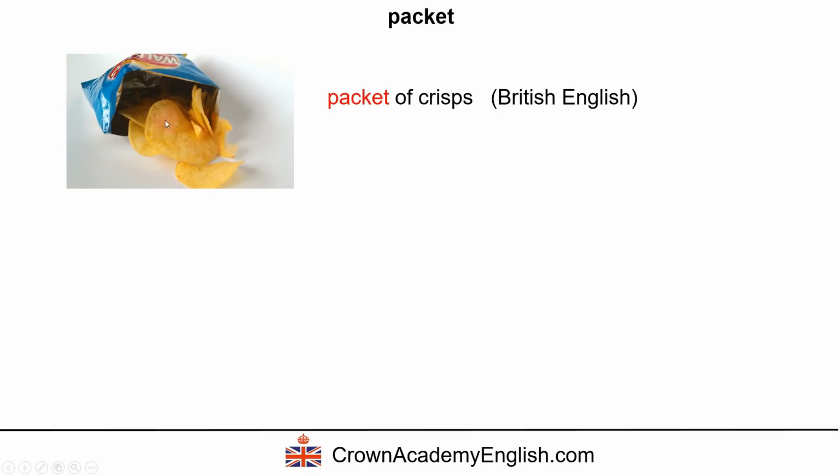Okay, this is the name of the snack. And in American English, they call them chips or potato chips. So in American English, they call this a packet of chips or packet of potato chips. Okay, but in Great Britain we say crisps.